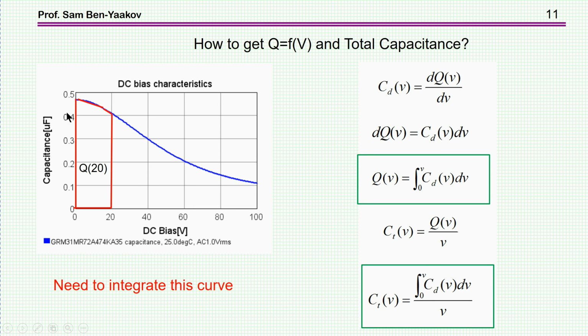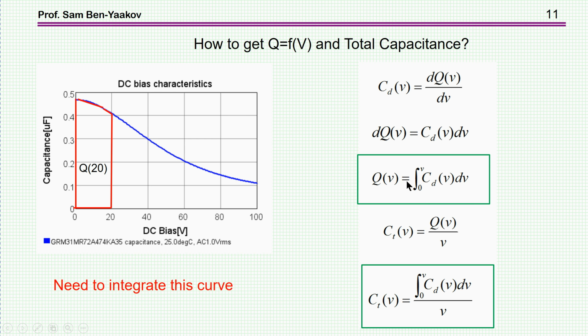The easiest way is to get it from this information of the local or small signal capacitance. The definition of the local capacitance is the derivative of Q, the charge, with respect to the voltage. Now, integrating this, we get an expression for the charge, which turns out to be just the integral of this local capacitance dV.